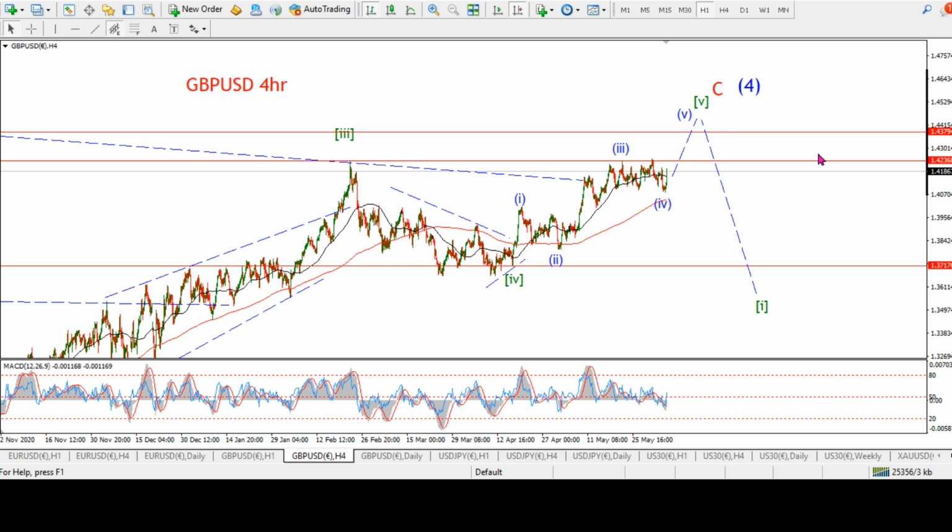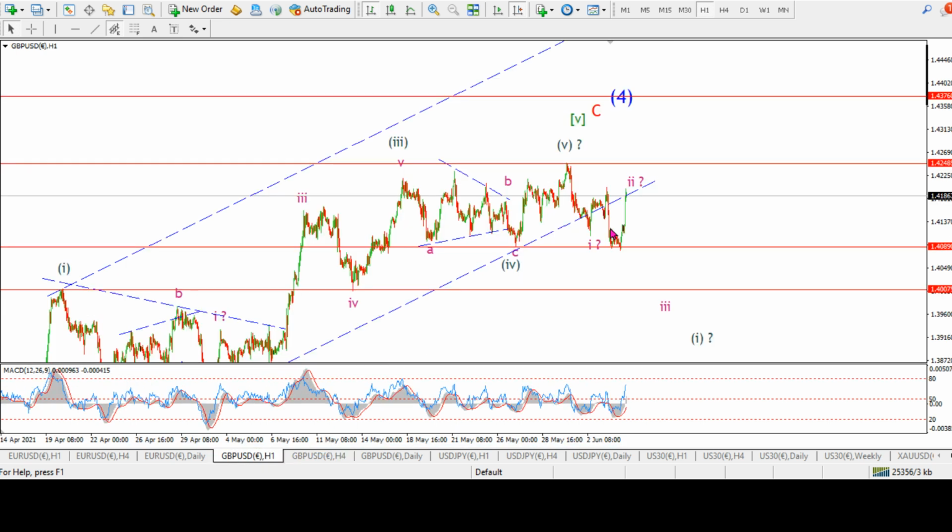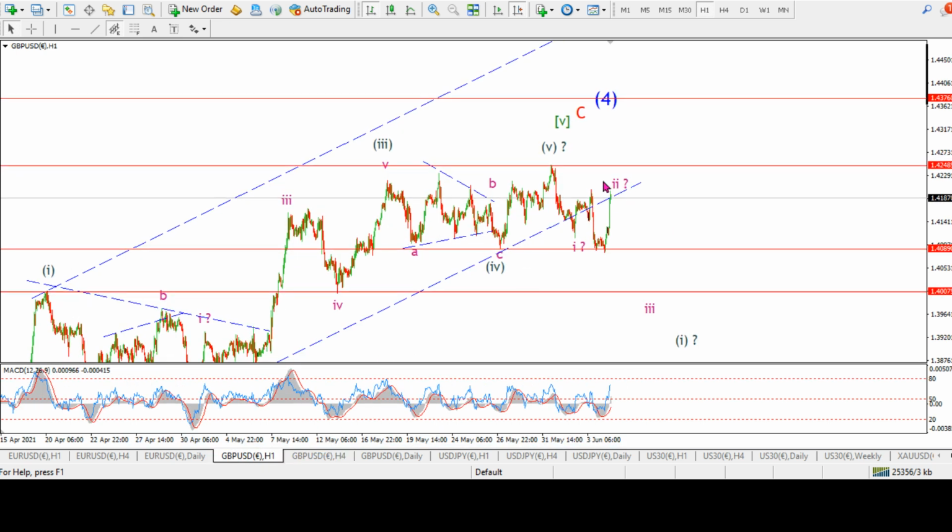If we break above that 142 level again, or 142.36, it's coming in around 142.40, that'll indicate that wave 5 of 5 is underway. But let's get into the hourly chart and we'll see what is brewing here.